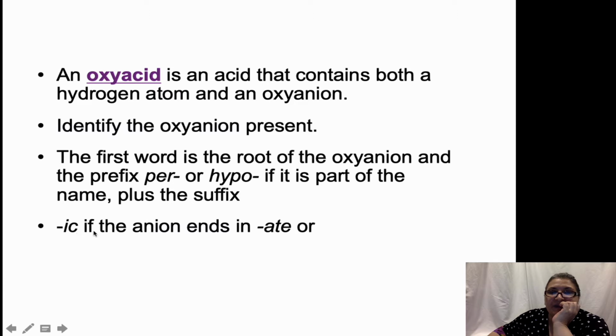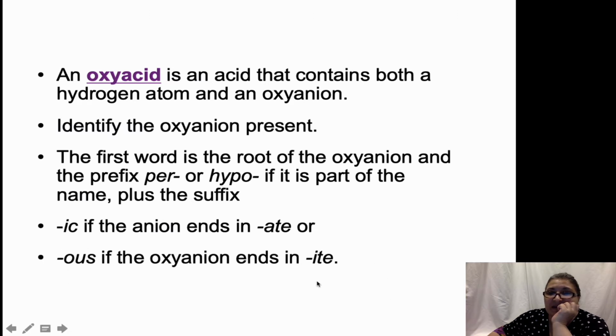And the acid gets an IC ending if the polyatomic ends in ATE, and the acid gets OUS if the polyatomic ends in ITE. We're going to practice that as well.